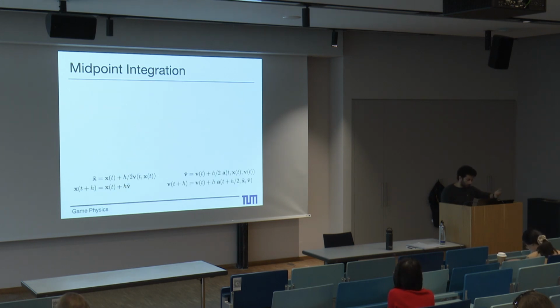Now, if we are performing the operation, we need to perform it in this order. First off, we do the prediction step for both position and velocity, which are steps 1 and 2, let's say, and then we perform the correction steps for both the velocity and position.